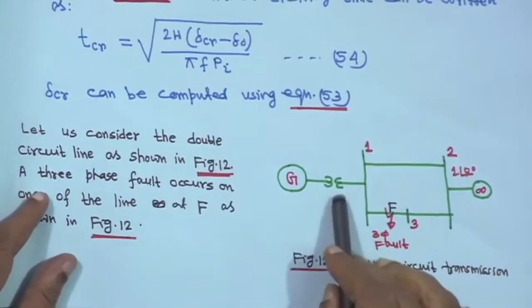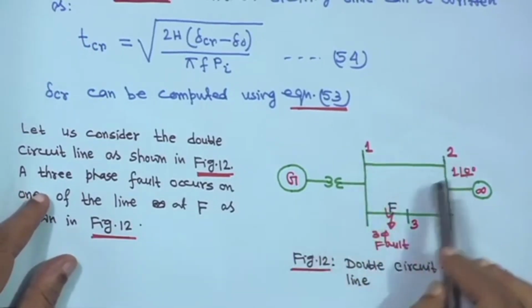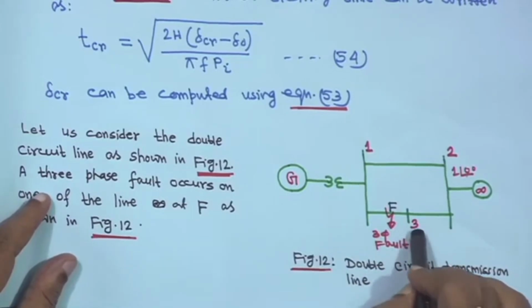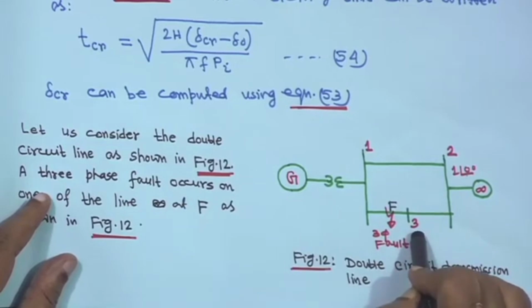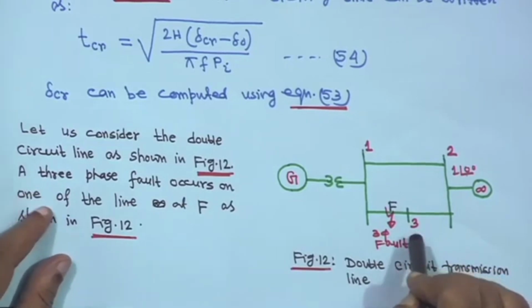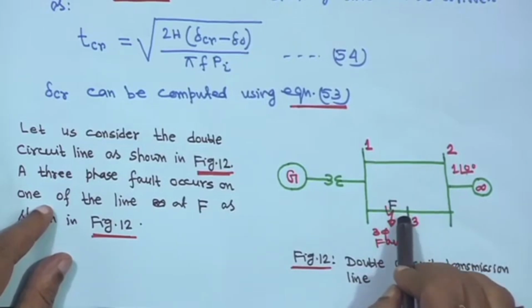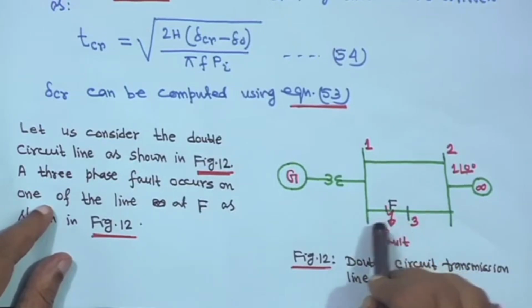So, this is a transformer, this is bus 1, bus 2, and this is a double circuit line. Another bus I have marked 3, but it is not necessary for this analysis. Suppose a fault has occurred a little bit away from the substation, from bus 1.